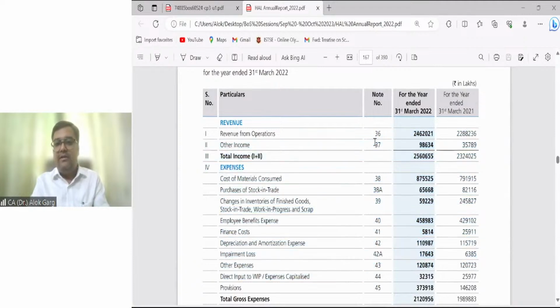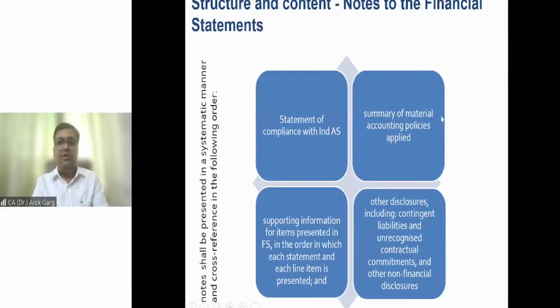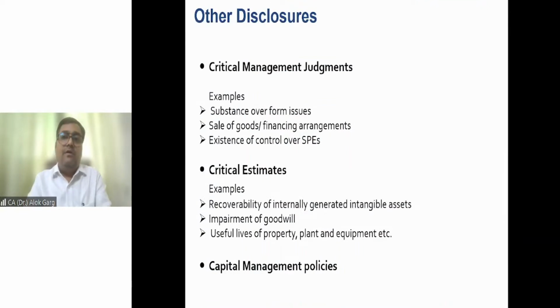So what you are giving is the breakup of these line items in the notes to accounts. Other disclosures: what are other disclosures? Like related party, contingent liability, capital commitment, segment reporting, actuarial related disclosure, forex related disclosure. So these disclosures are required to be given here. Is that clear? Clear in mind. Very good.